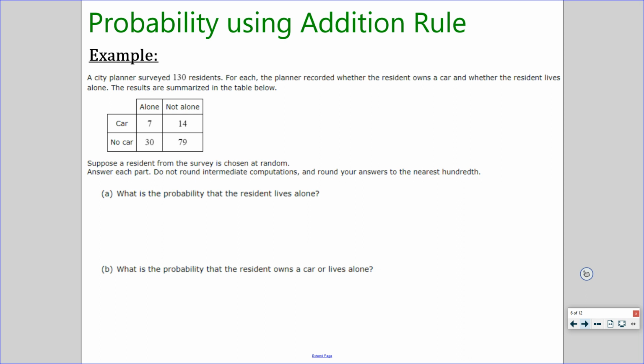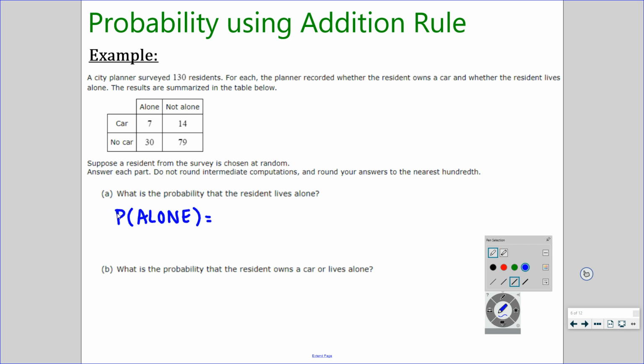Okay, what is the probability that the selected resident lives alone? No, 37 over 130. Good job. So there's 37. I'm going to write it like this, but actually I don't want to confuse you with the addition rule. 37 out of, how many total were there? 130.